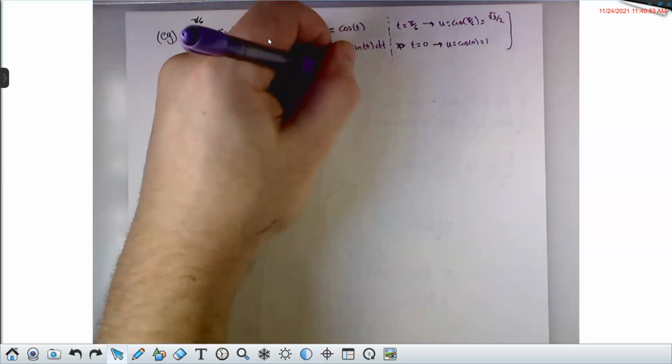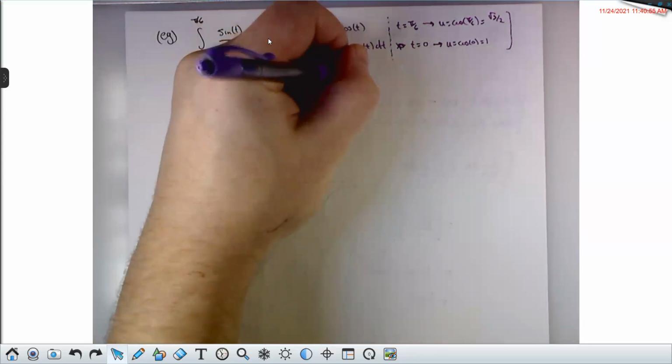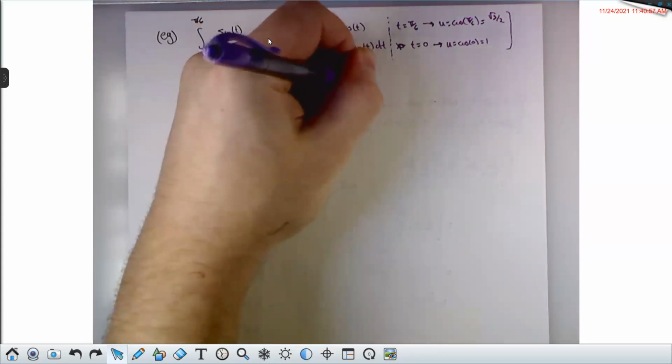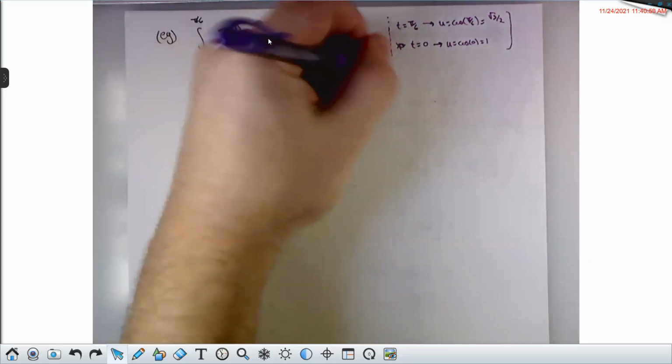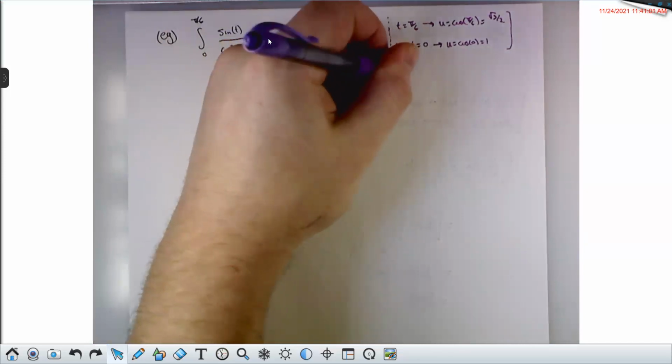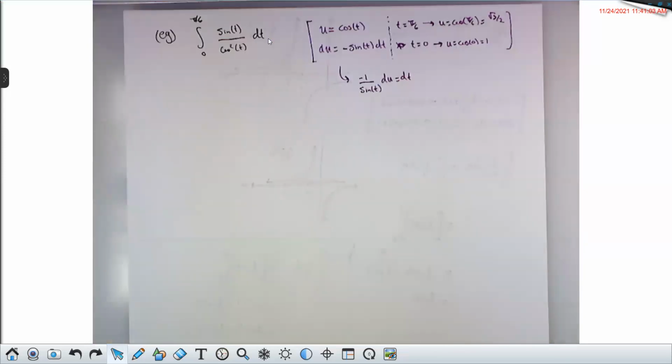Now, this would mean that negative 1 over sine t du is equal to dt.